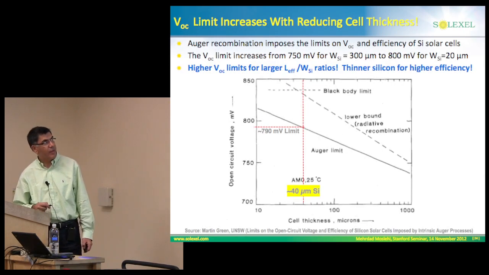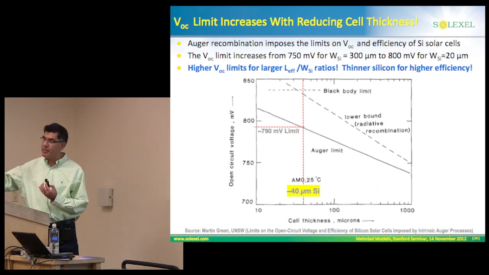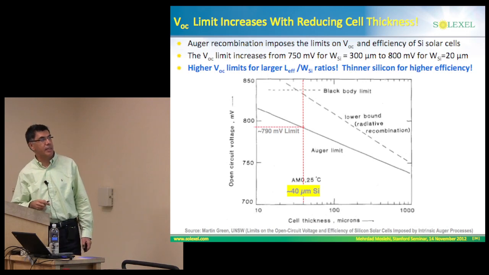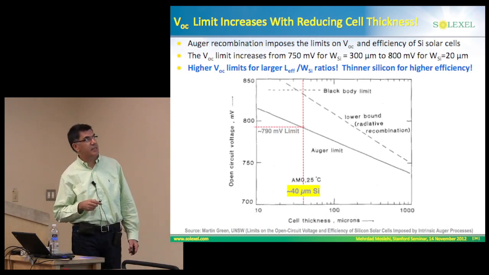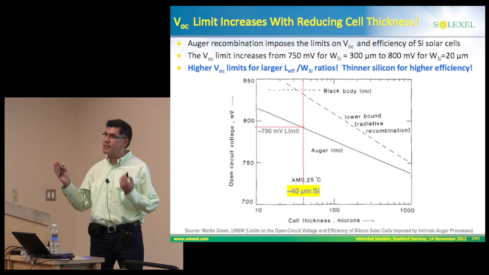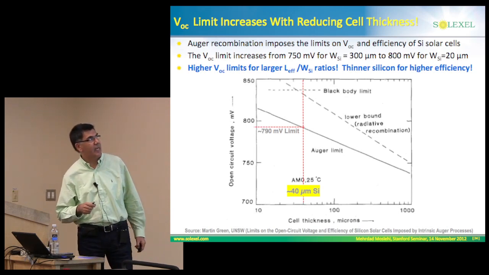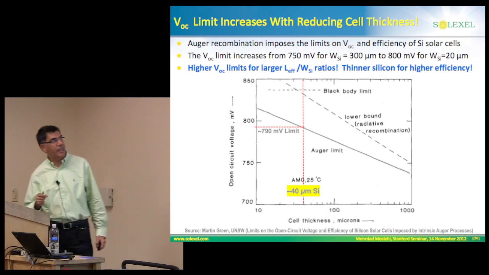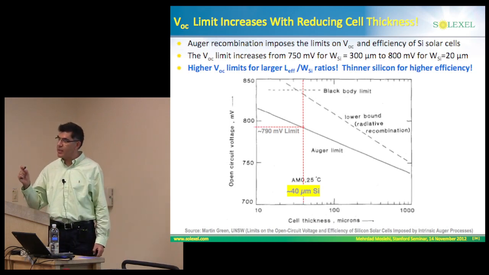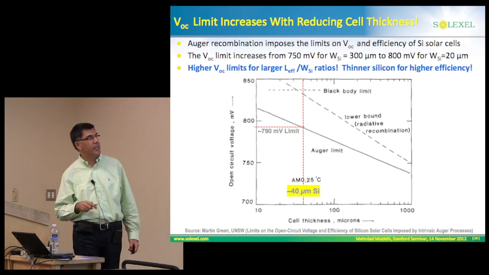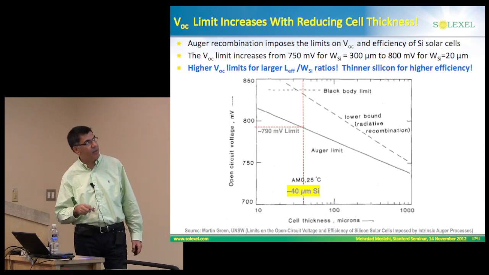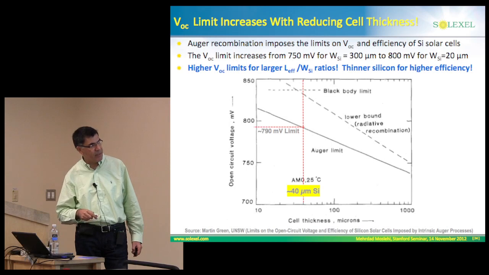So really, one very important reason is that the VOC theoretical limit for crystalline silicon actually increases as you reduce the thickness of silicon. And the theoretical limit is governed by Auger recombination, and the limit of Auger recombination increases with thinner silicon.